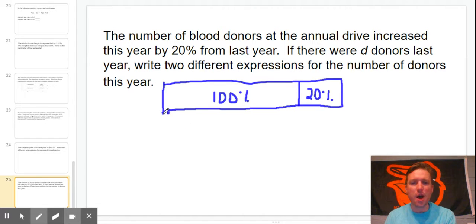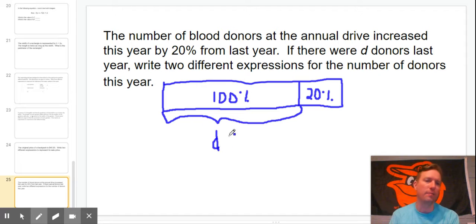We don't know how many people gave blood last year, but what we would do is mark this as D because it's an unknown. We would use a variable to show that. But what we do know is that it increased by 20%. So to show the increase, we could multiply 20% times how many people came last year, and that would be one way to show the increase.